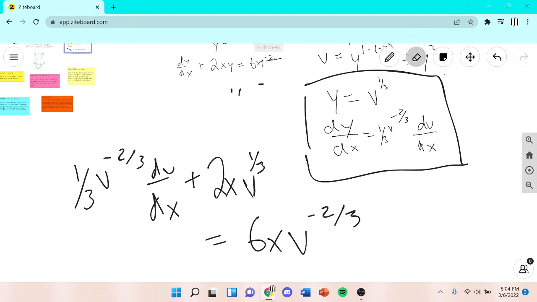This is perfect, because as you can see, it's the same power of v in these two terms, and that's going to help us get it to what we want.